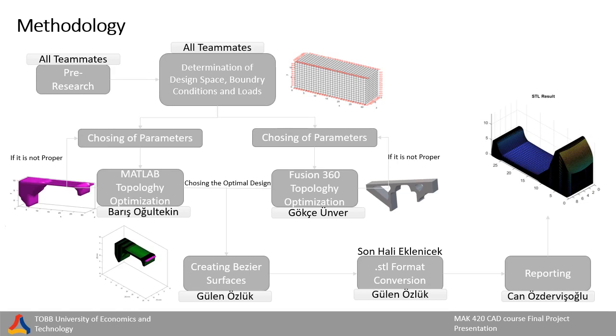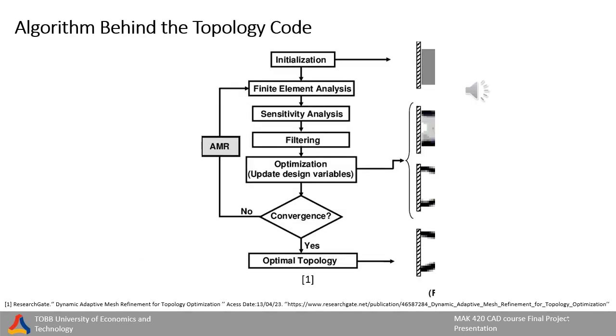Now my friend Barış will talk to you in more detail. Before the beginning of MATLAB CAD modeling, I would like to explain the algorithm behind the general topology code. It starts with the determination of the initial design space, forces, boundary conditions, material properties, and topology parameters. After that, the algorithm starts the finite element analysis.